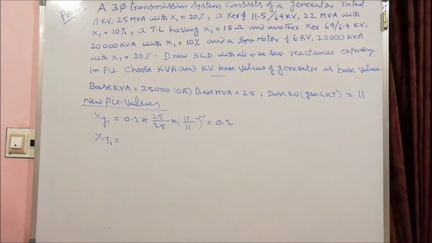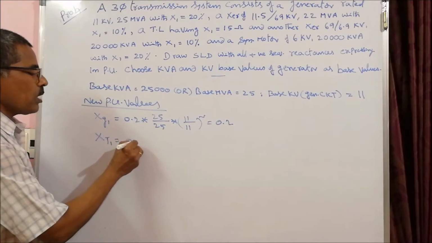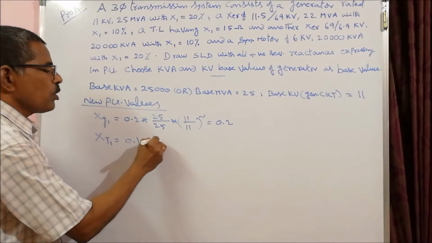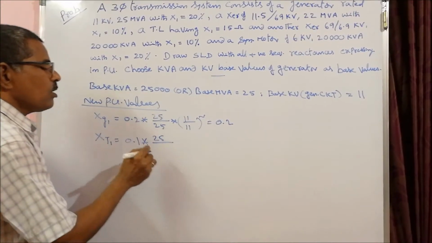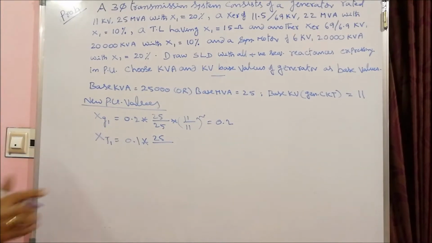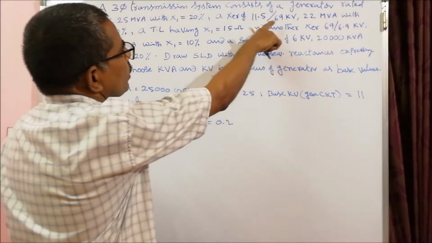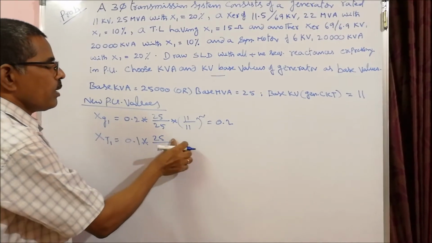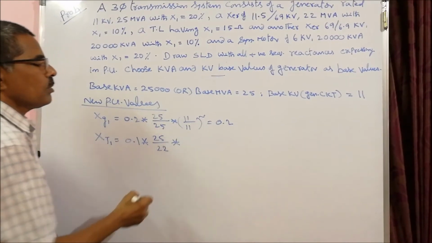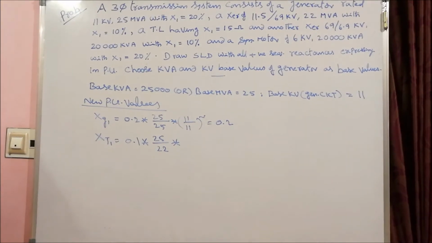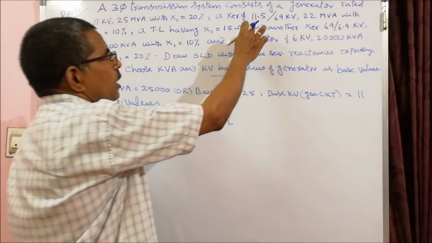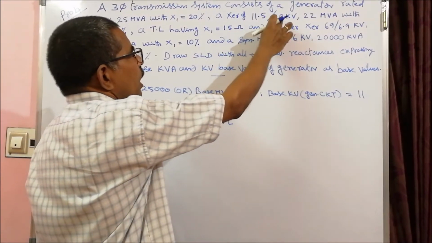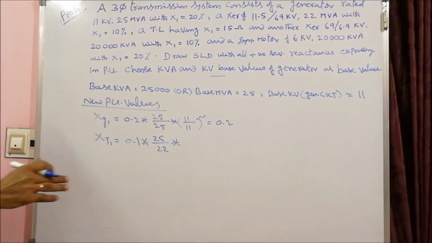Next, transformer 1, XT1. So what is transformer 1? It is 0.1, 10% given, is it not? 0.1 into new MVA base by the transformer MVA, which is 22 old MVA, into old kV. Old kV you can take 11.5 or 69, any one.